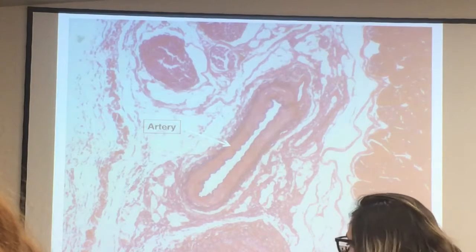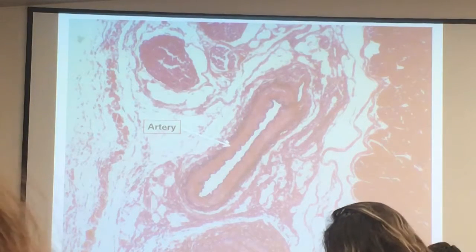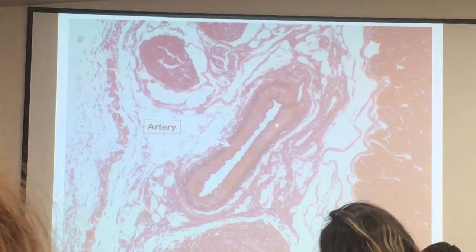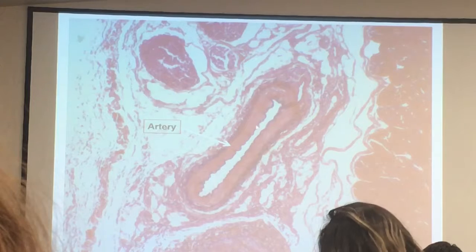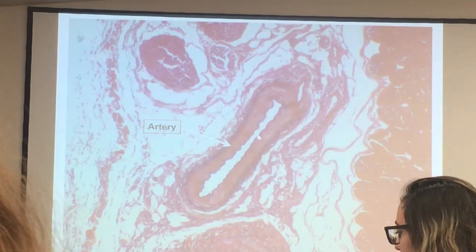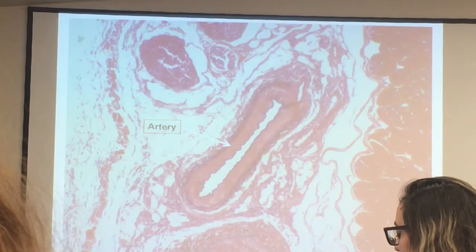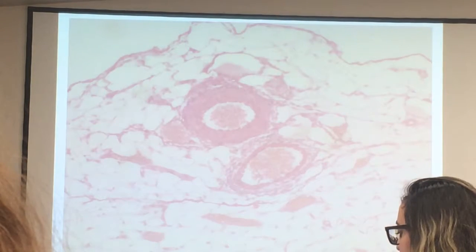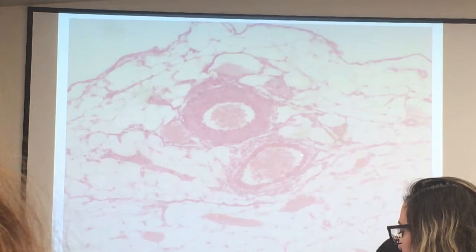If we magnify, this one is an artery. How do we know it's an artery? The muscle looks very strong, and you look at the internal elastic membrane. Why is it not round? Because when we prepare a sample, it collapses a little bit. From here you can see on the top there is the artery, and this one is the vein.